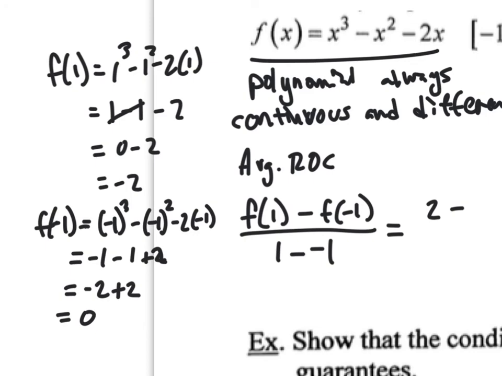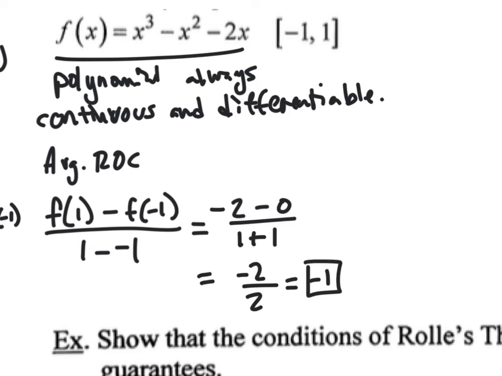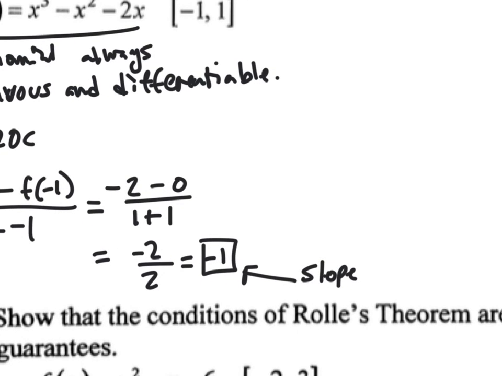So I end up having negative 2 minus 0 over 1 plus 1, which is negative 2 over 2, which gives me a value of negative 1. So this is the slope between the 2 points, the slope of the secant line.